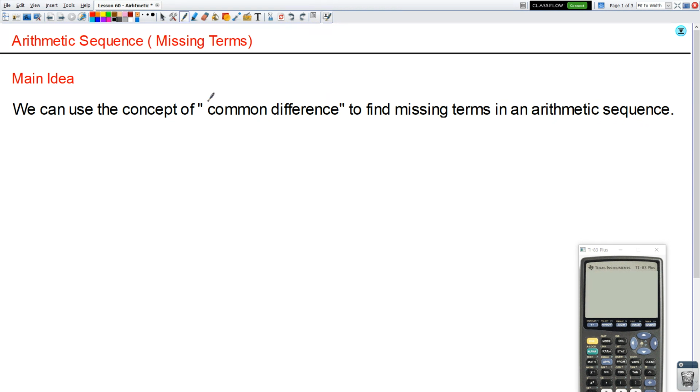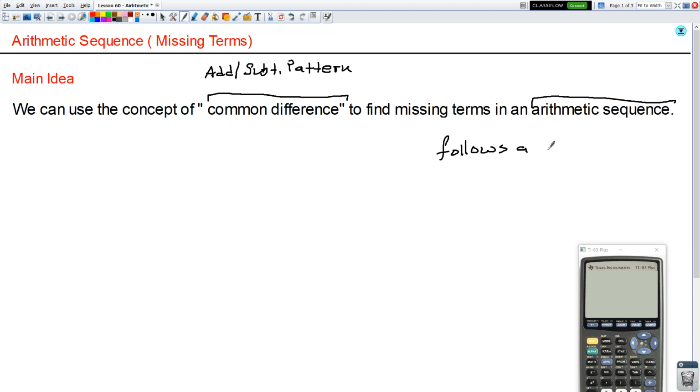Just a vocabulary check. The common difference is what we introduced before as the addition or the subtraction pattern. And we know that an arithmetic sequence is any sequence that follows an addition or subtraction pattern.